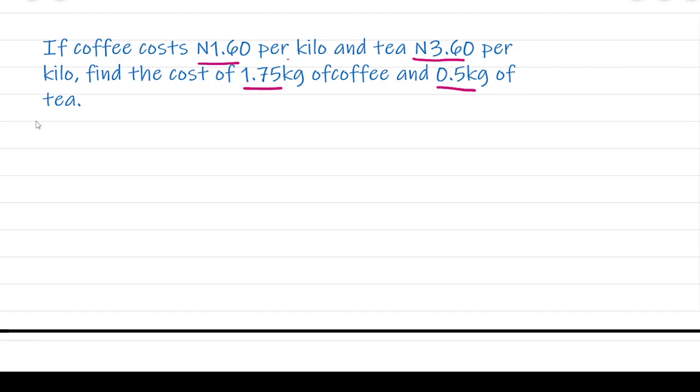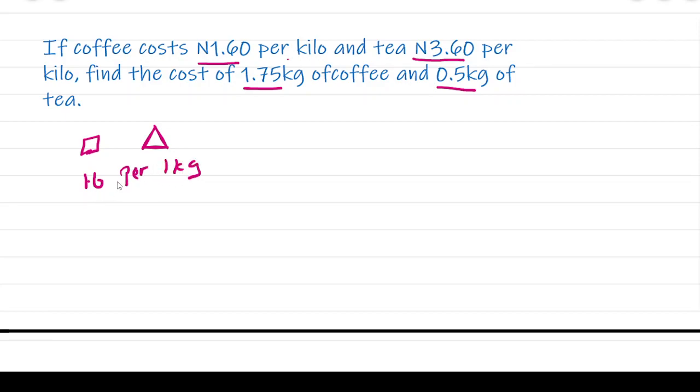So we're just given some products, coffee here, and then this is tea, and let's say coffee costs 1.6 naira per kilogram.